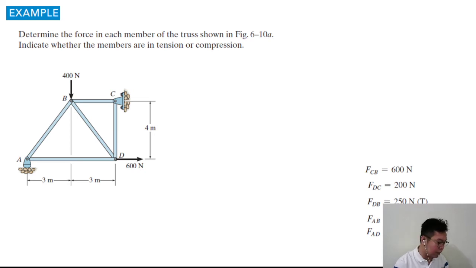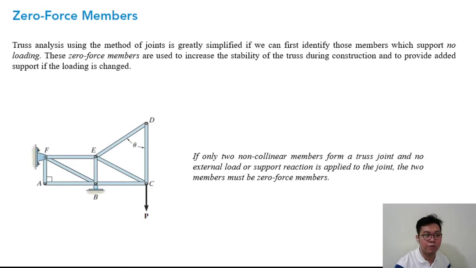Now, by the way, guys, before tayo mag-proceed sa method of sections, let's take note na meron tayong mga shortcuts. Hindi naman shortcuts, para bang reminders lang. Meron kasi tayong mga tinatawag na zero bar force or zero force members. Itong mga zero force members, maganda to if you're trying to solve yung lahat ng members using method of joints.